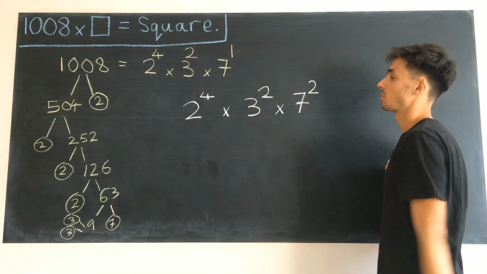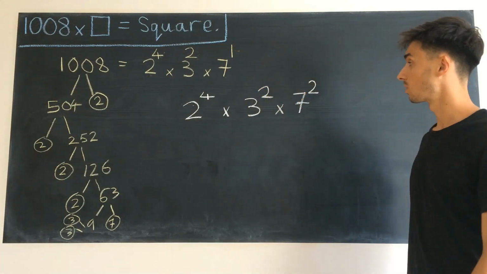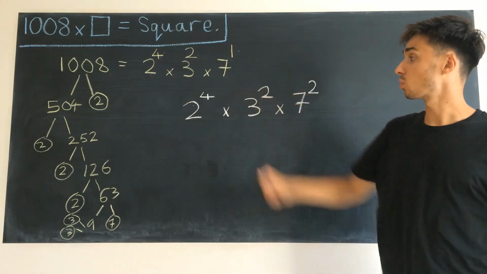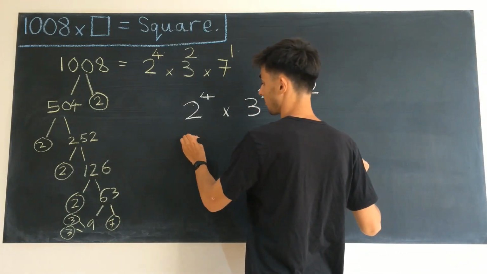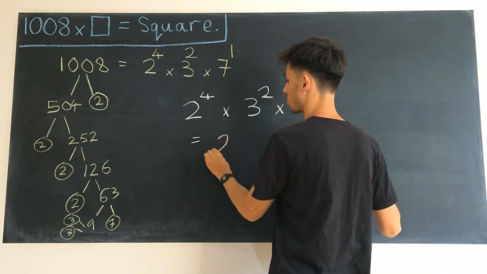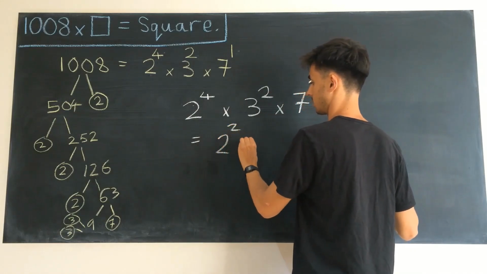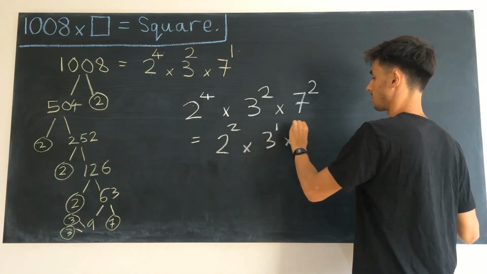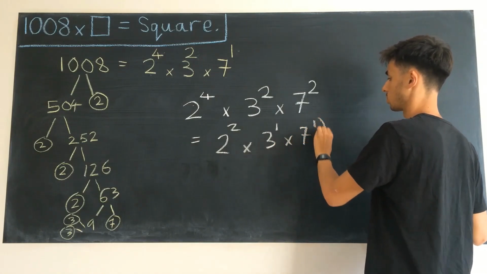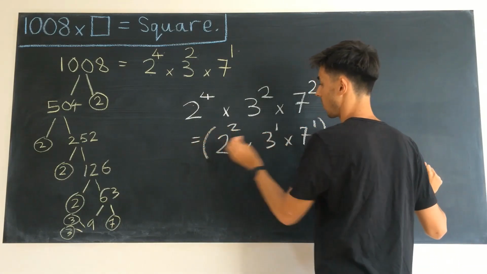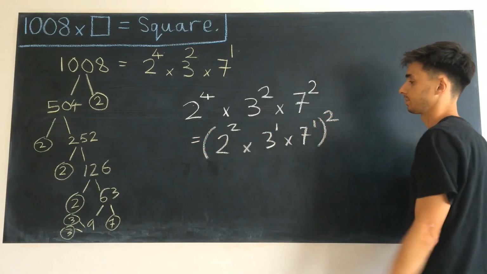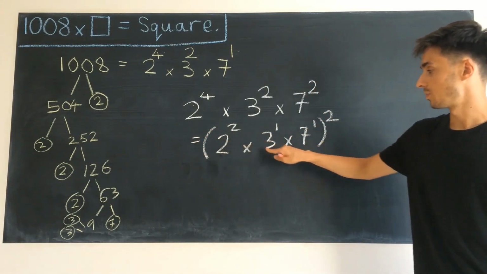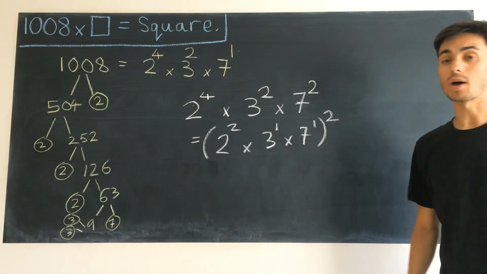We need to have times 7 to the power of 2, because that means we can split our number into 2 to the power of 2 times 3 to the power of 1 times 7 to the power of 1, all of that squared. This gives us a square number.